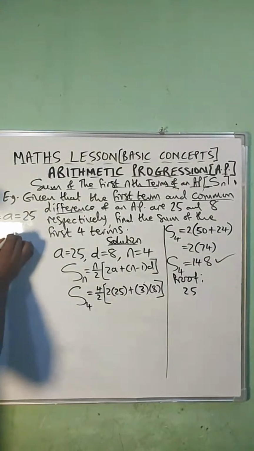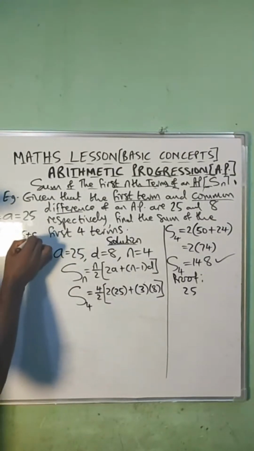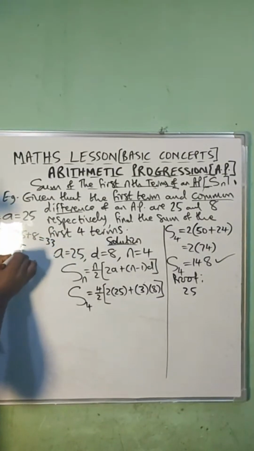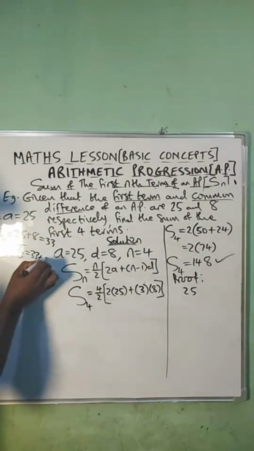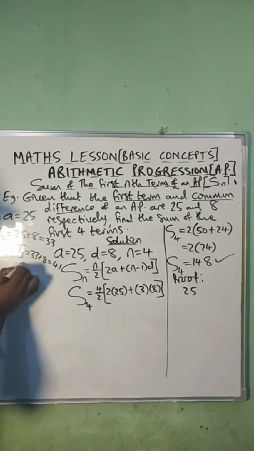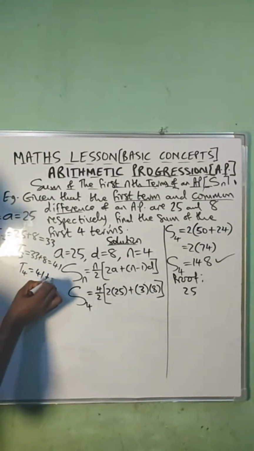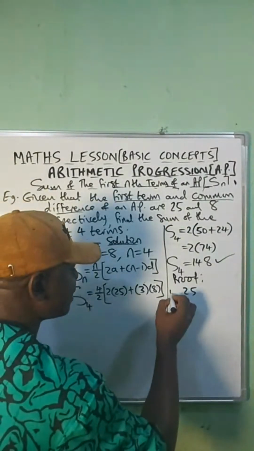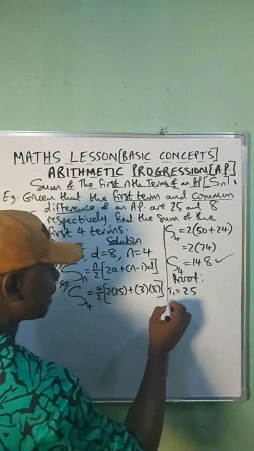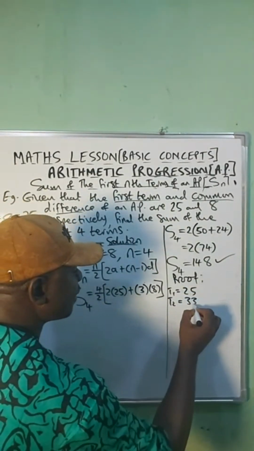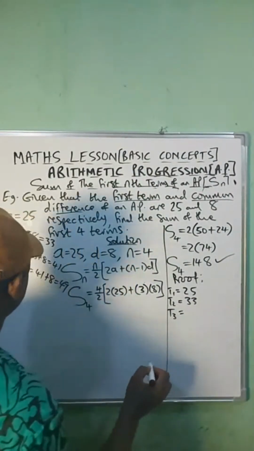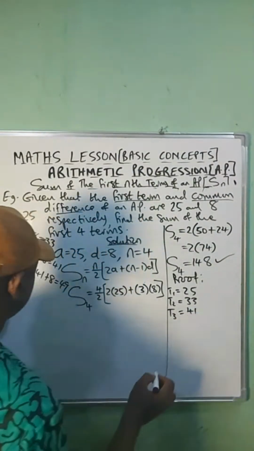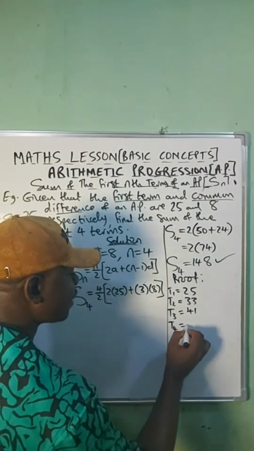If I want to get the second term, I'll take 25 and add it with 8, which is 33. If I want to get the third term, I'll take 33 plus 8, which is 41. If I want to get the fourth term, it will be 41 plus 8, which is what? 49. So this is T1, my T2 will be 33, my T3 will be 41, my T4 will be 49.